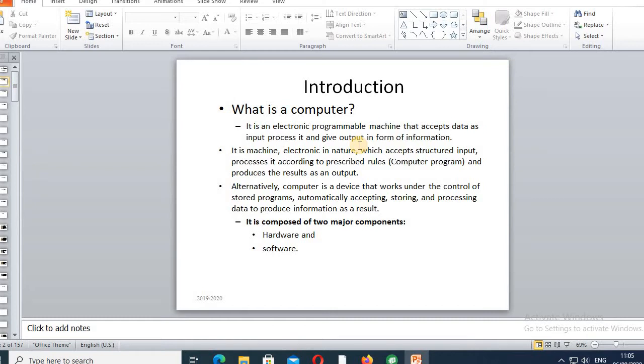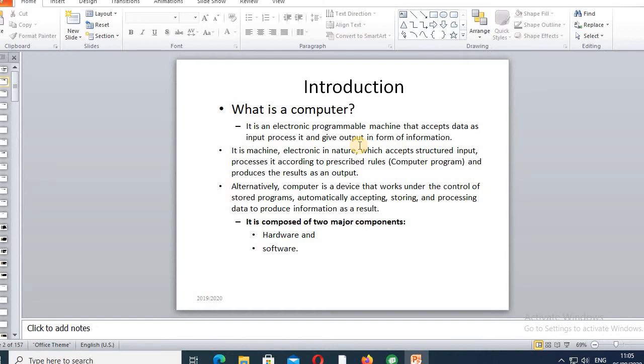So we are saying it is an electronically programmable machine that accepts data. By the sense of the software that is inside it, which can understand the languages of our hardware, it will accept, as you, a user, press a certain button on your keyboard from A to Z, or numbers from 0 to 9. Everything can be typed.